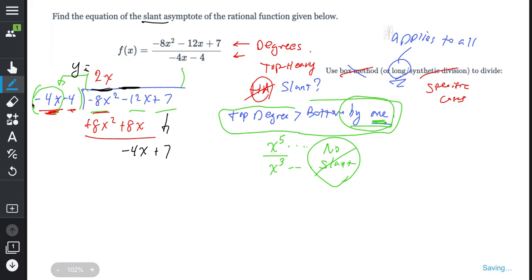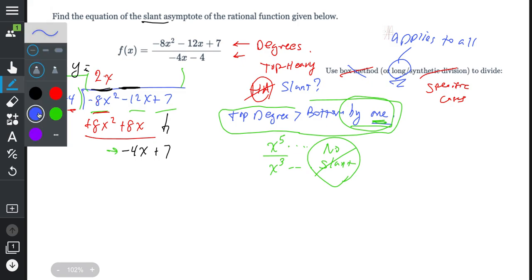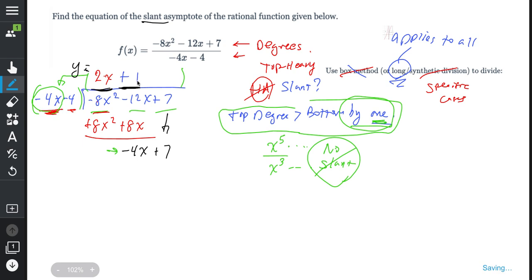Negative 4x times what gets me to the next piece of this, negative 4x? Well, the answer is plus 1. Negative 4x times positive 1 is negative 4x. And again, this step doesn't really matter, but let's just complete it. Negative 4, and if we change the signs, that's 11.